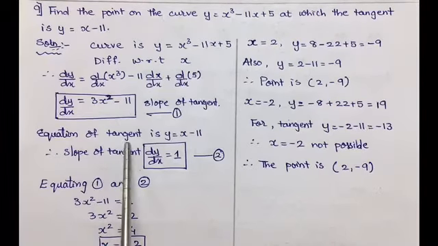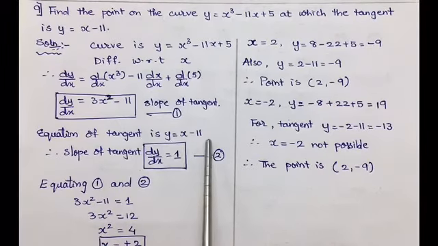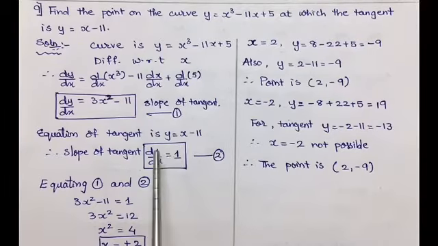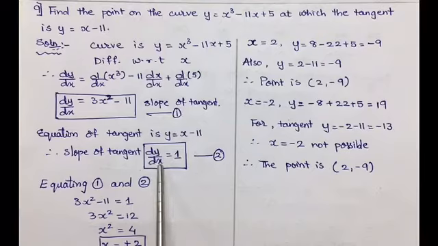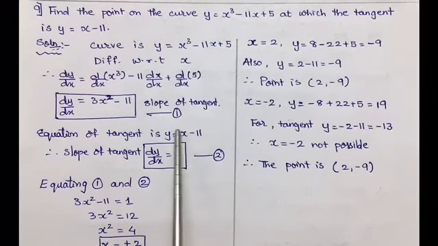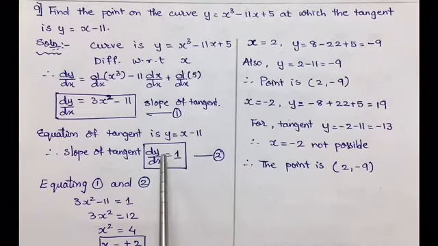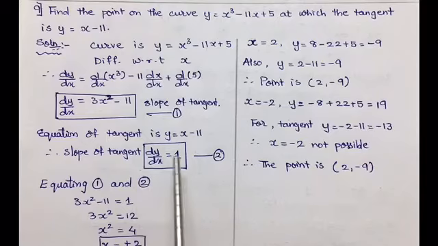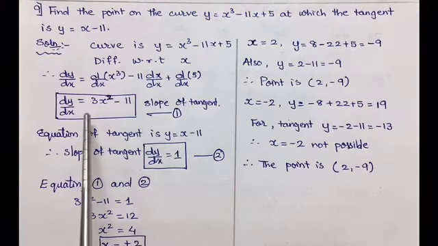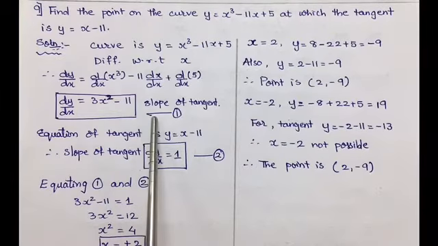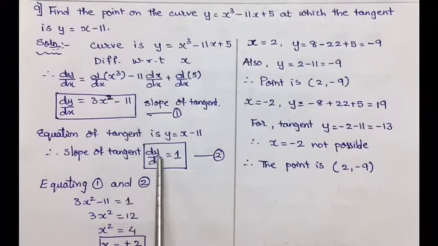Now the equation of tangent given is y equal to x minus 11. So the slope of this tangent becomes dy by dx equal to 1. If you calculate the derivative of y equal to x minus 11, we get dy by dx equal to 1. So this is also the slope of the tangent, marked as 2.